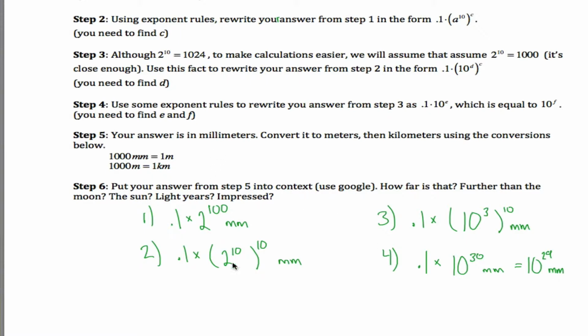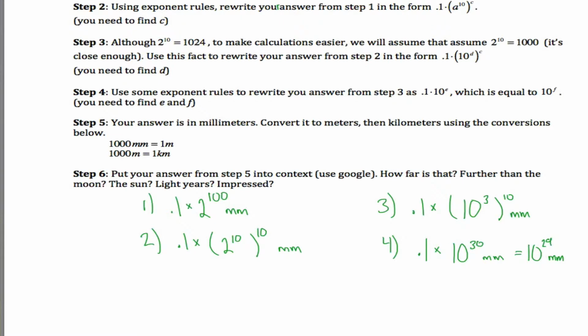Still something hard to picture in your head. But since we have base 10, we'll be able to, in step 5, express that quantity in maybe a more meaningful way. It says your answer, 10 to the 29th, is in millimeters. Convert it to meters. Well, there's 1,000 millimeters in every meter.